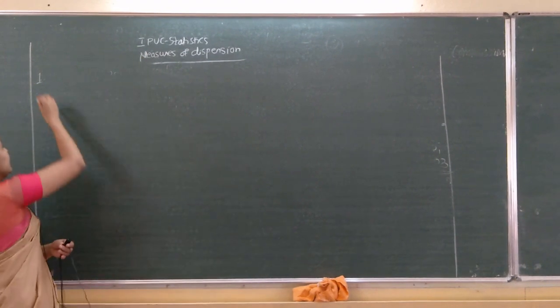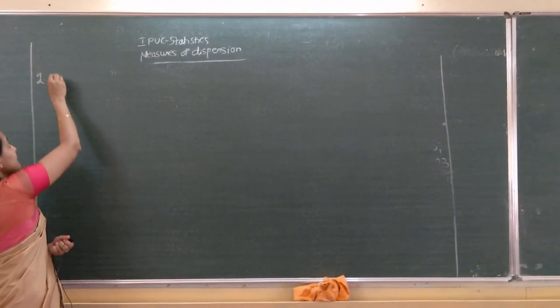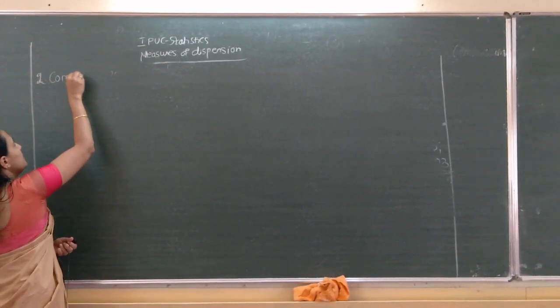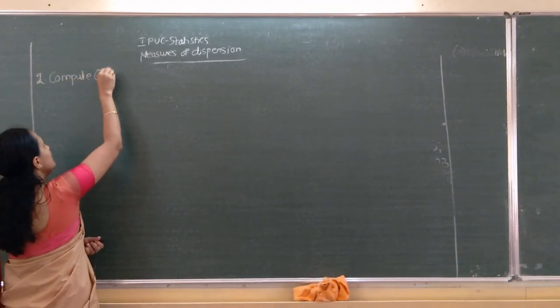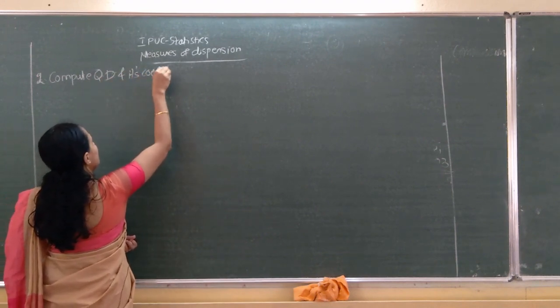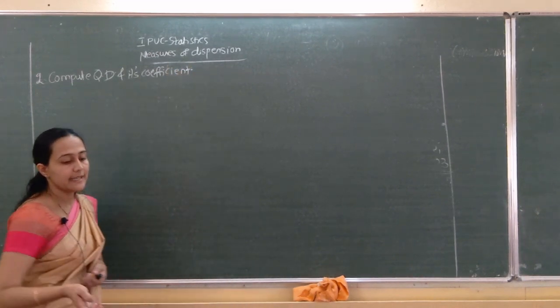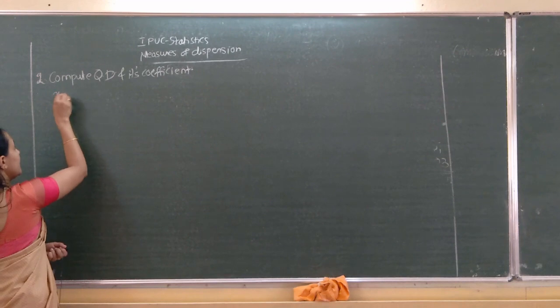Okay. Second one: compute QD and its coefficient. X values and f values given.